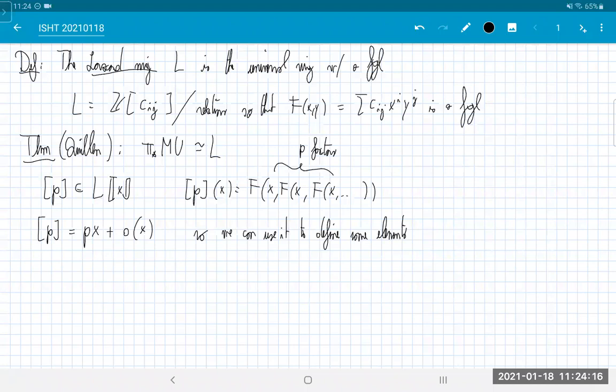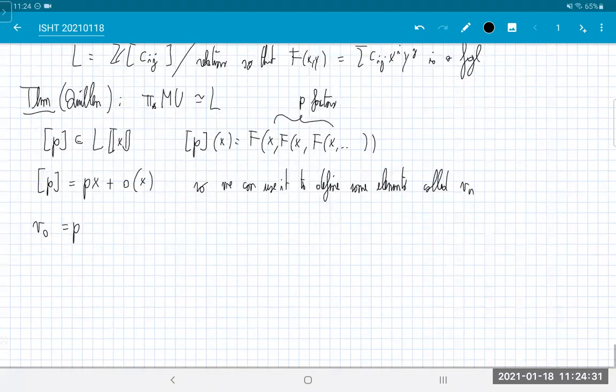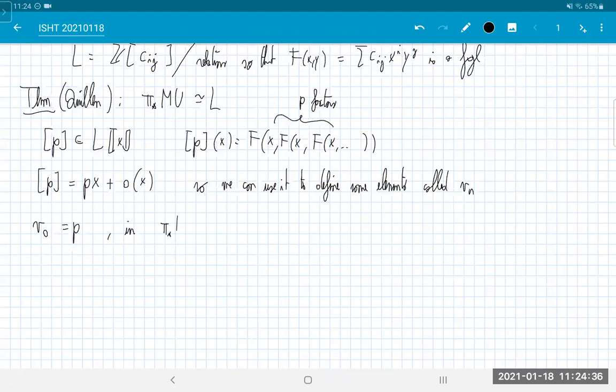Sorry, is there a question? No, apparently. Called v_n. So we define inductively v_0 is p. And then in L mod (v_0, ..., v_{n-1}), multiplication by p is of the form of some element v_n times x^(p^n) plus higher order terms.